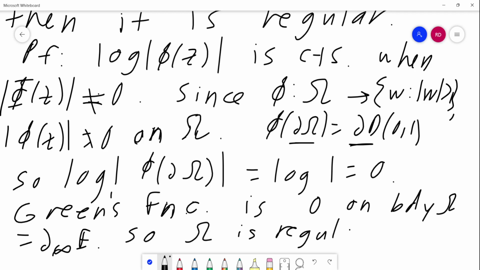This is not an if and only if statement. It might be there's a regular function even if omega is not simply connected, or a regular set. But that includes intervals. Intervals are always regular.